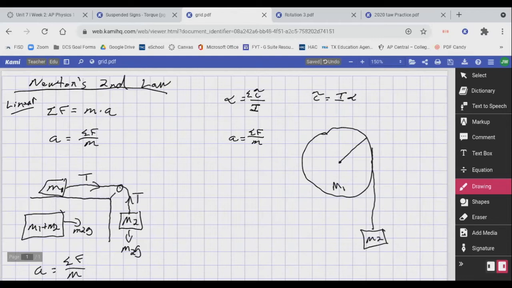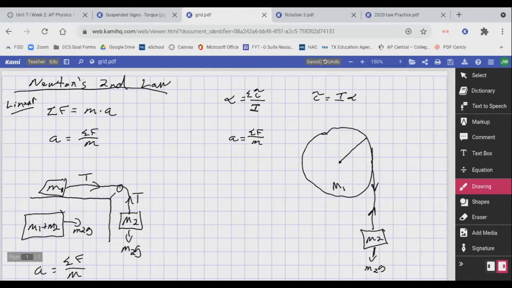Now we know the tension of that string coming down is pulling down on M1, causing it to want to rotate. We also know that it is pulling up on M2, because that's what's keeping M2 from just falling with M2G. Gravity pulls down on this, with M2G pulling downward.